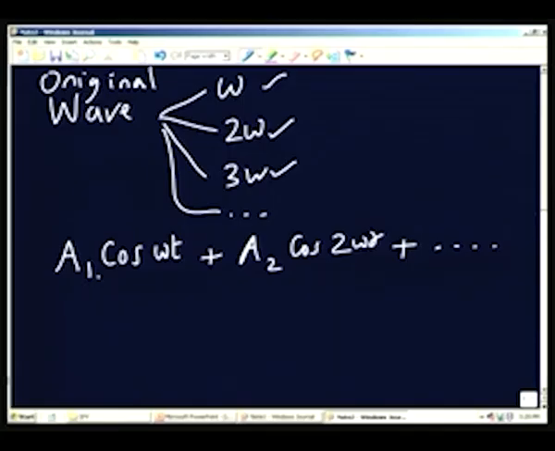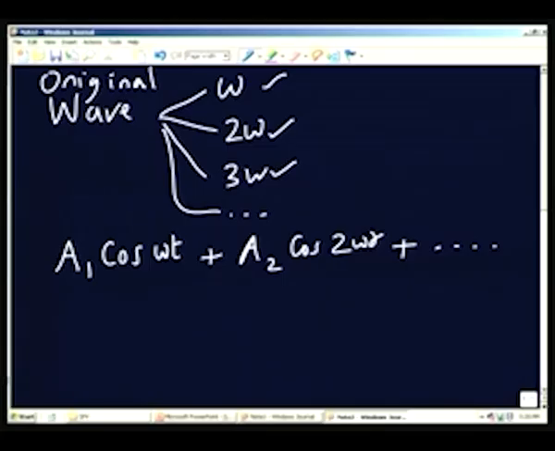So, in other words, the original wave is now made up of components where A1, A2 etc. are to be determined by comparing the series with the original wave, and using the Fourier series method we can do that. Let us not worry about it right now, because it is not of importance to us.